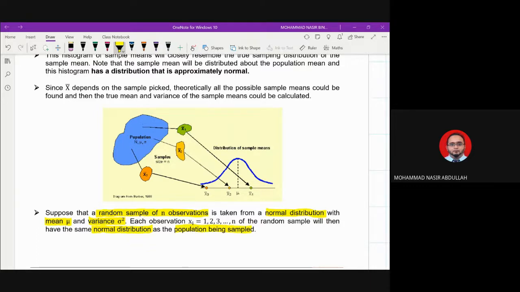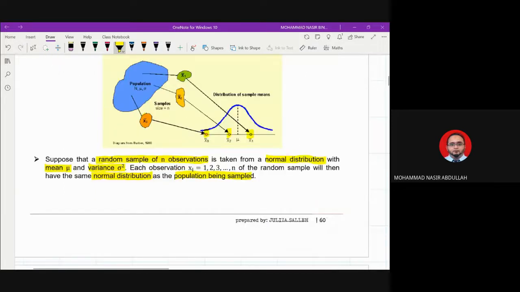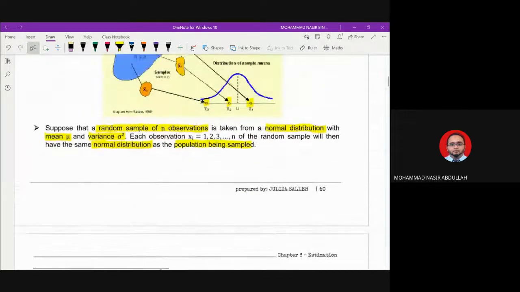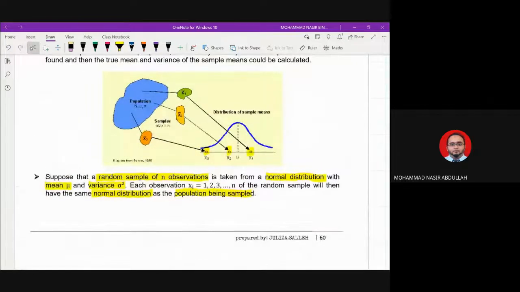Kalau kita ambil the same population from a normal distribution, so semua X bar ni dia akan berada dalam distribution yang sama lah. Itu yang dia nak bagi tahu. So this is very important to know, because it's not going to be another type of distribution. It's still under the same type of distribution.